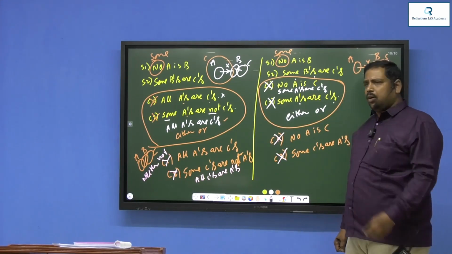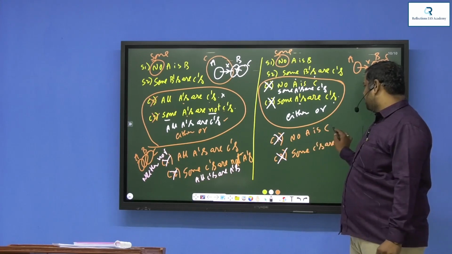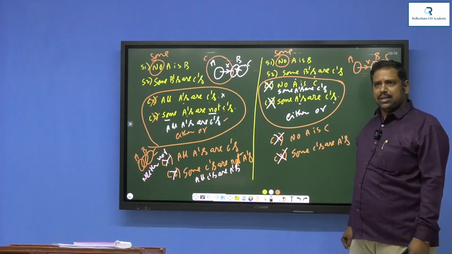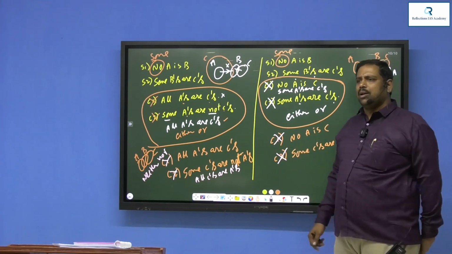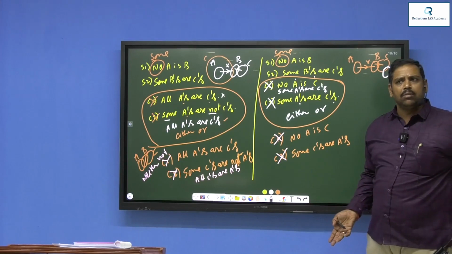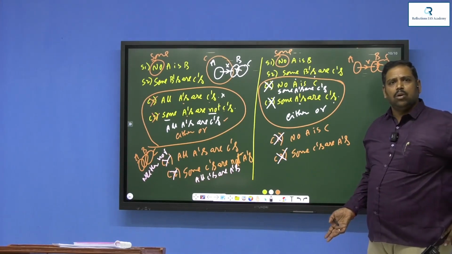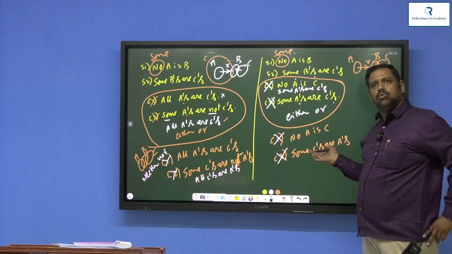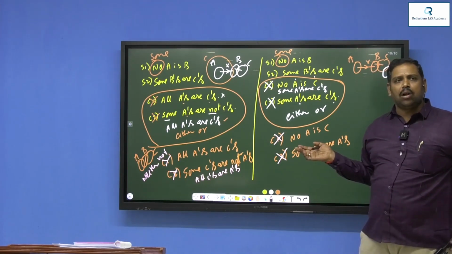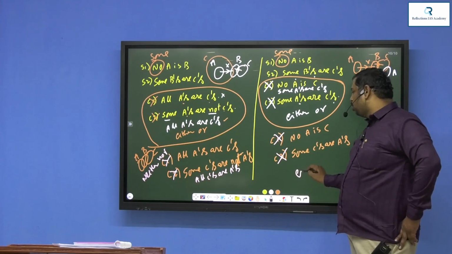Both are wrong, predicates are negations of each other. Subject order was changed, yes or no? But no A is C means no C is A. Is the order same or different now? Same. Now tell me, is it neither nor or either or? Either or. Do you understand all the models of it?